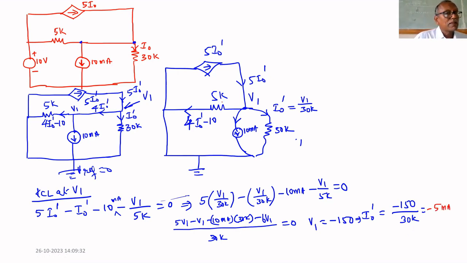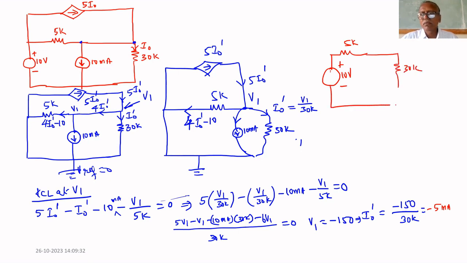Similarly, we have to find I0 double dash. For that, we have to consider this voltage source. So let us consider that: 10 volt, 5K, 30K, and a current source of 5 I0 double dash. Through this is I0 double dash.